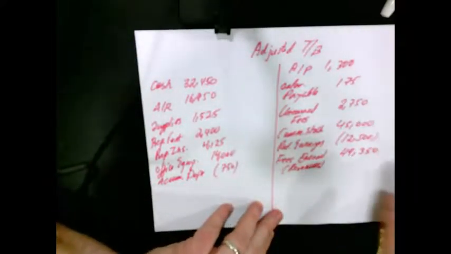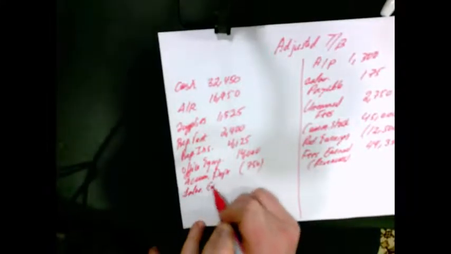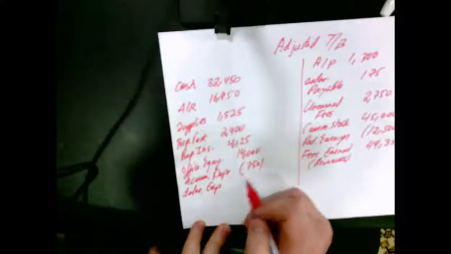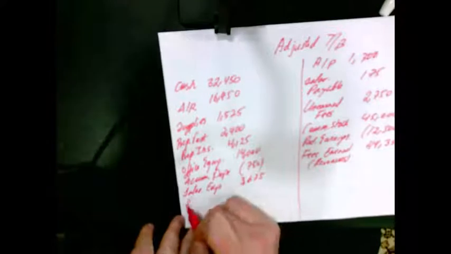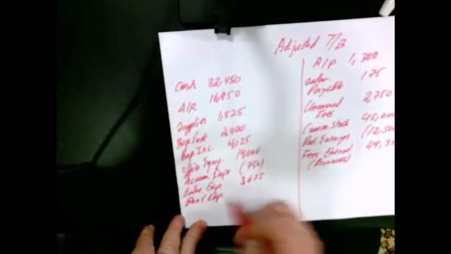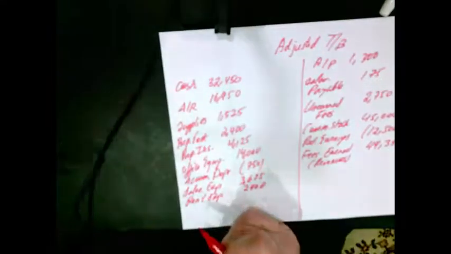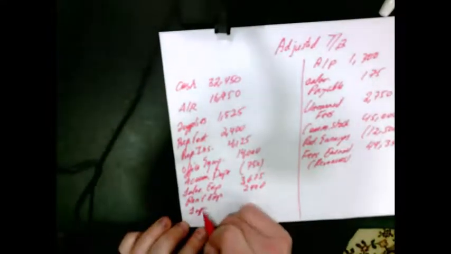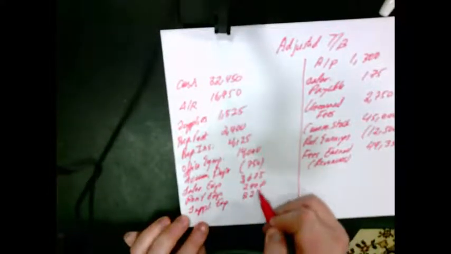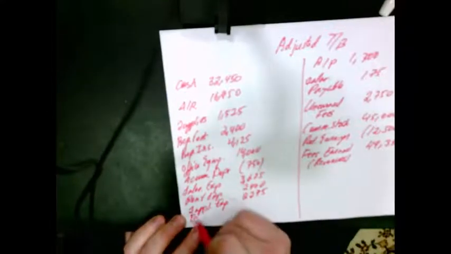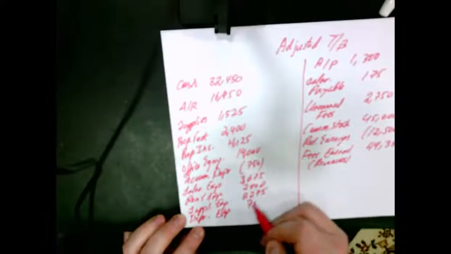Then we have some expenses, which go on the debit side. Salaries expense of 3,675. Rent expense of 2,400. Supplies expense 2,275. Depreciation expense 750.